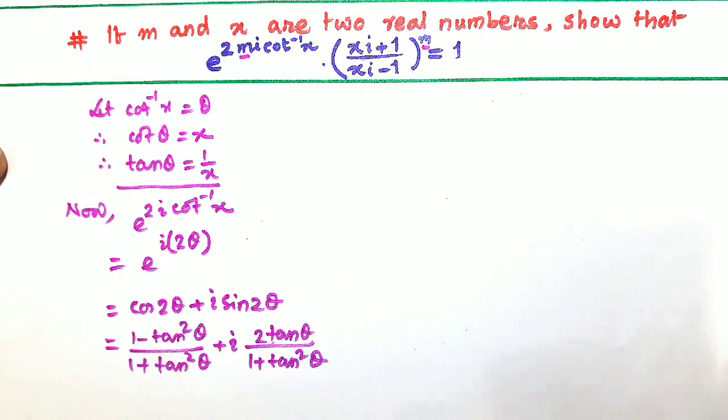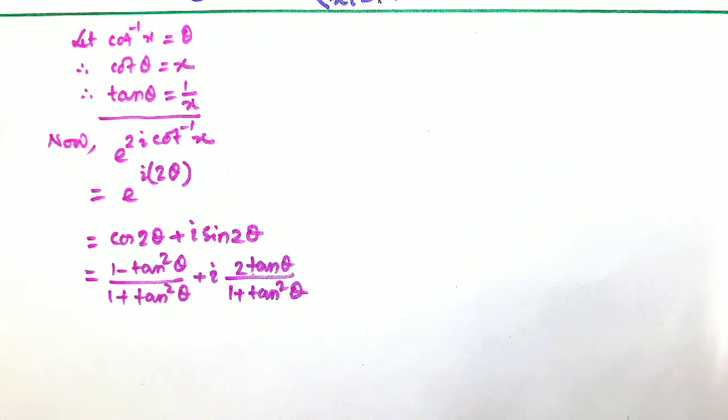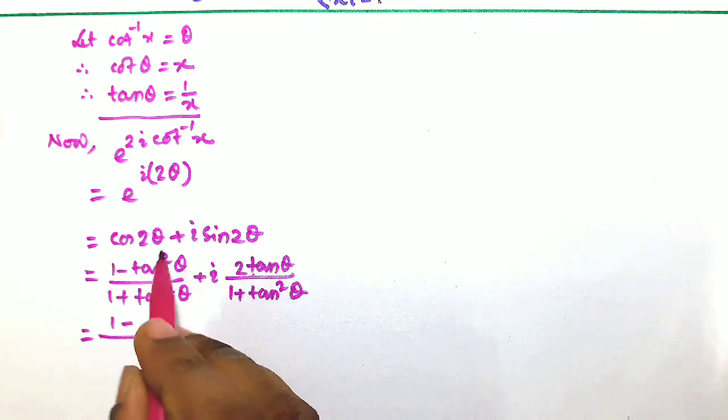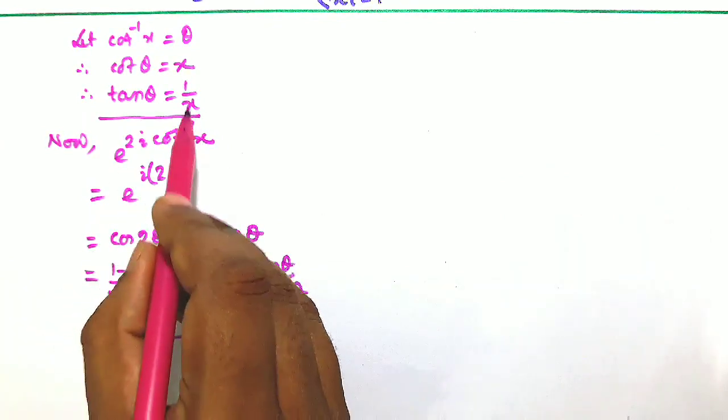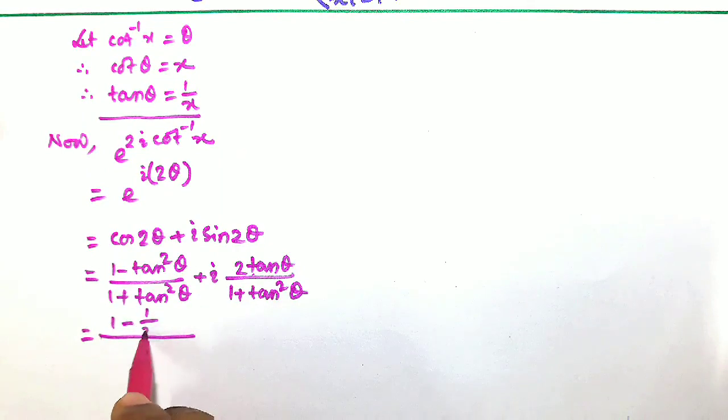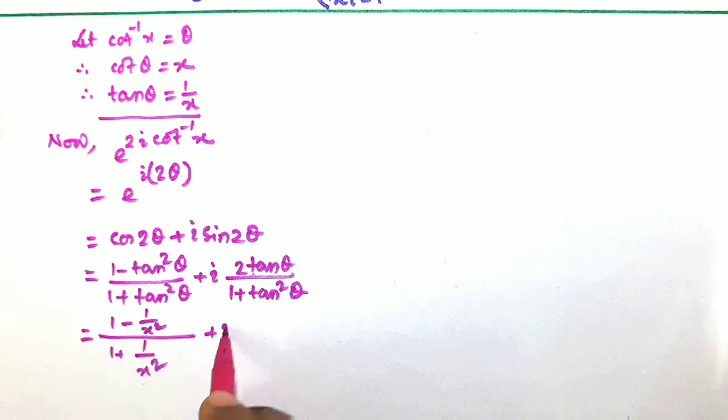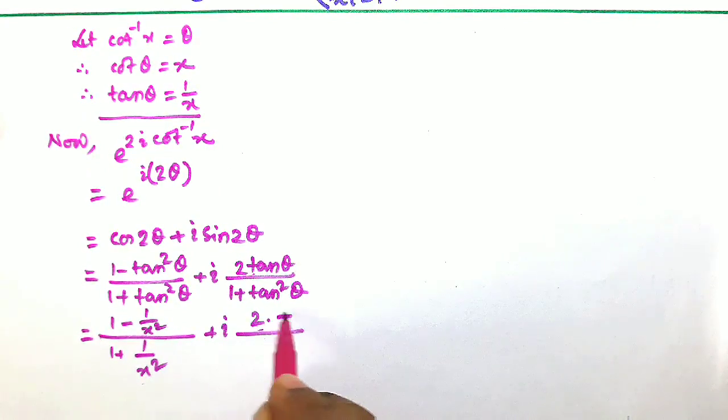Okay. So friends, here we can write this as 1 minus tan square theta. What is tan theta? Tan theta is equal to 1 by x. Okay. We can write it as 1 minus 1 by x square divided by 1 plus 1 upon x square plus i into 2 into 1 by x divided by 1 plus 1 upon x square.